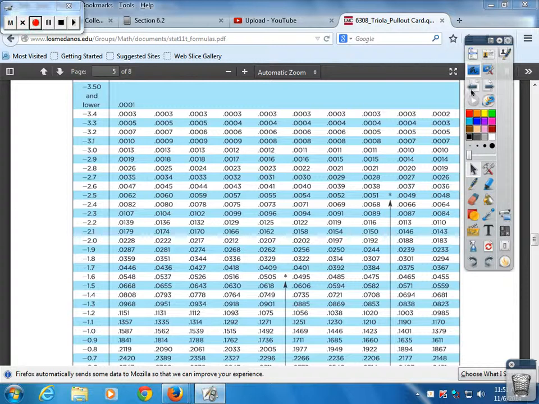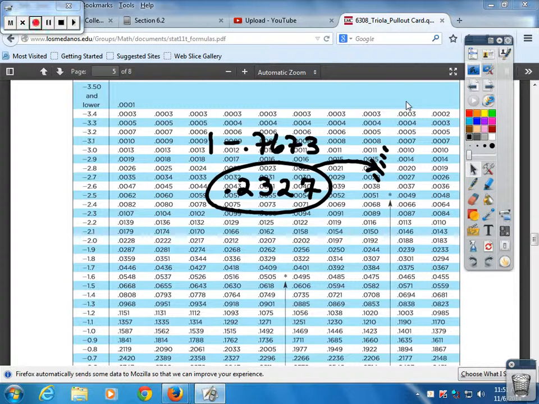Now, this is what I tell students to do. Change this in your head to $23.27. You do this mentally, okay? Then find the closest thing to $23.27. The $23.27 is going to come out easier when you're in the middle of the table.